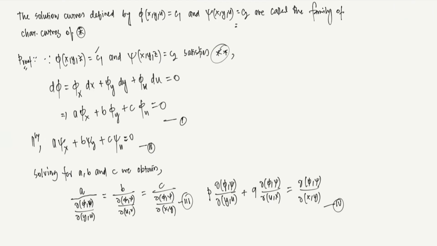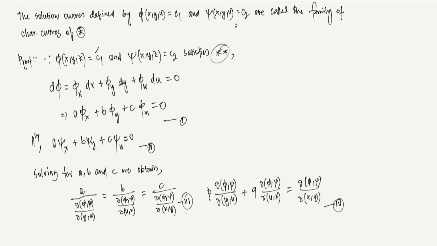Substituting 3 in 4, we have f of phi and psi is definitely going to be 0. See, this is always true. The 3 we have already got, right, by solving 1 and 2.